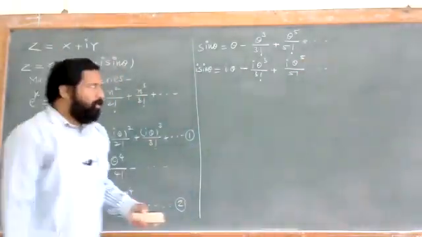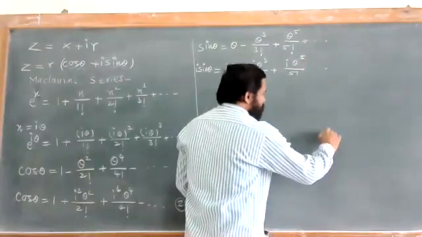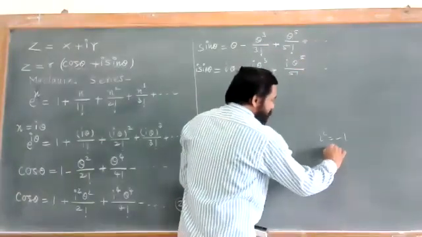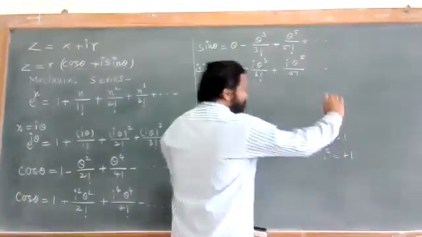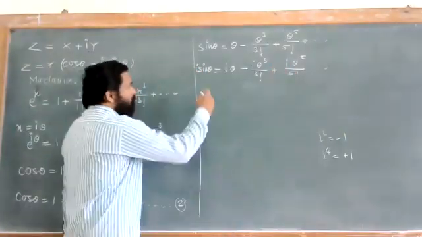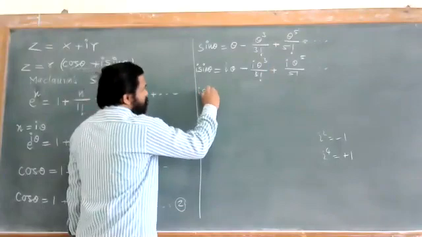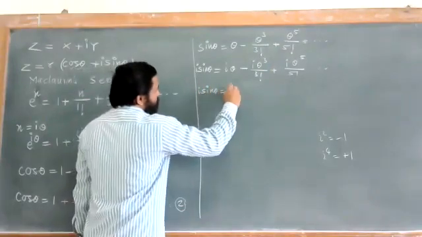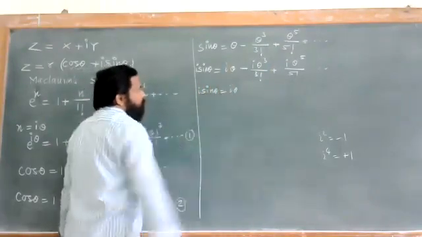Now we saw the value of i square is -1 and i raised to 4 is +1. So again use these values here, and I can write i sin of theta is equal to i theta as the first term.